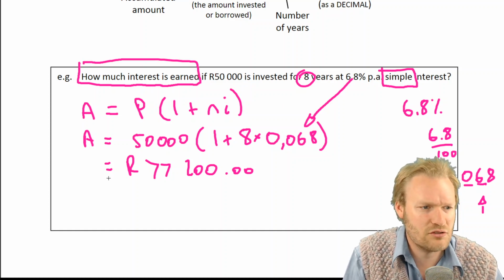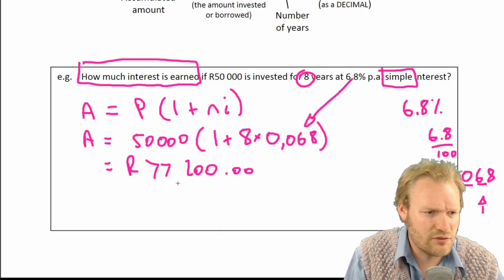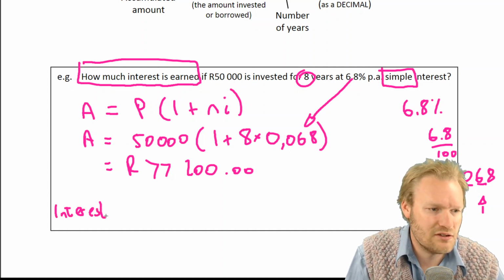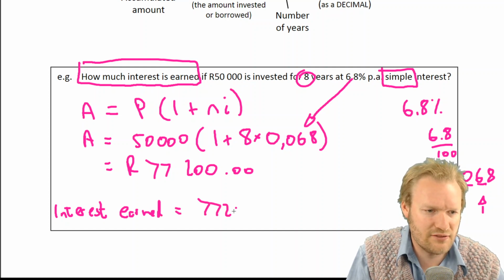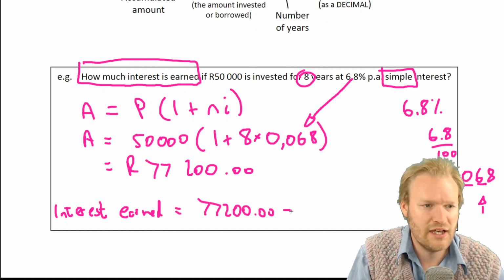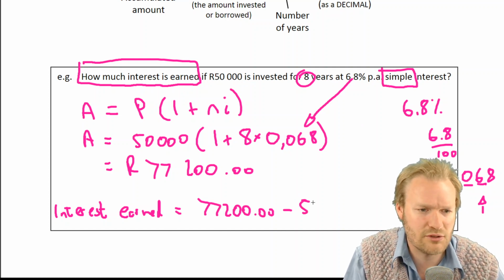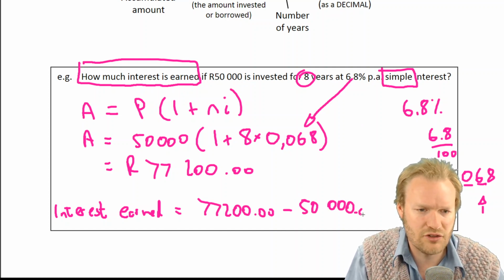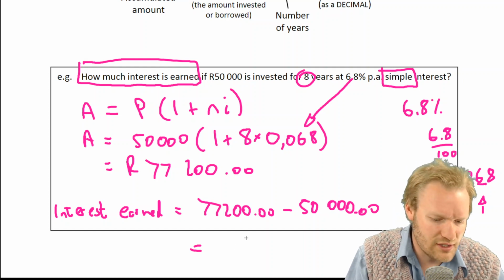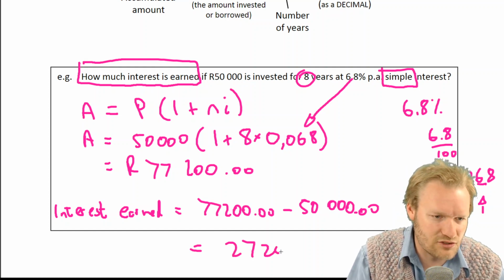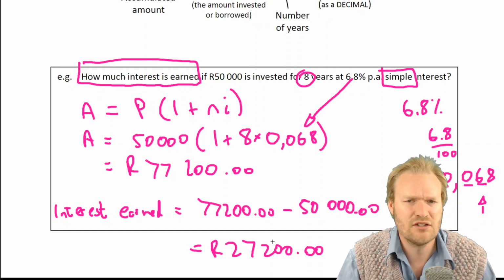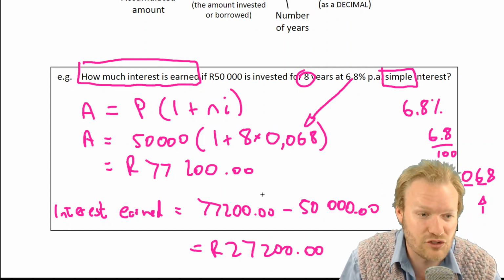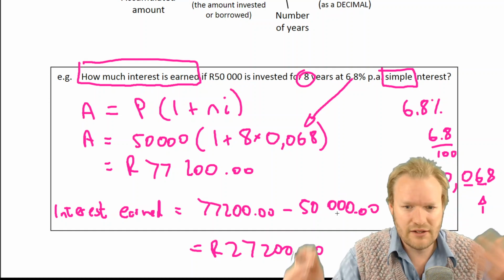So we've got this much out at the end, so the interest earned is that amount, 77,200, and we need to subtract what we invested to start with, 50,000. So the interest that we've earned is 27,200 Rand, 00 cents. We can put our units in right at the end; we don't have to keep them all the way along. And there's our first example.